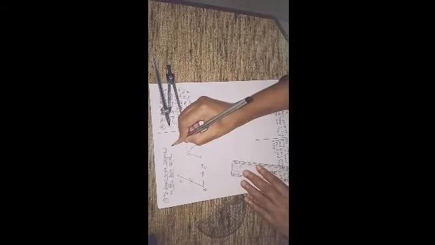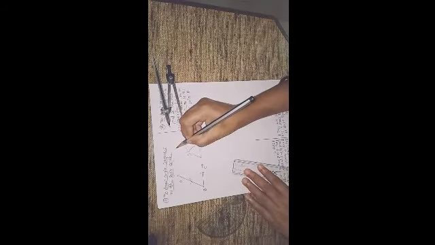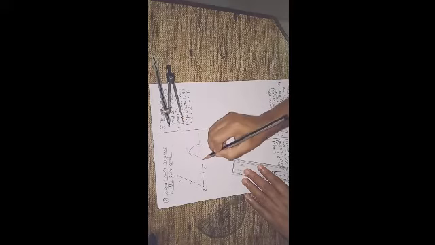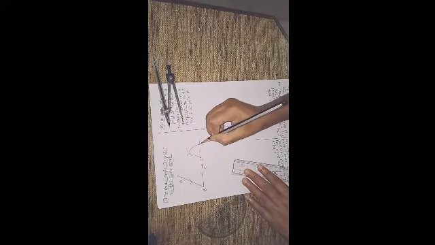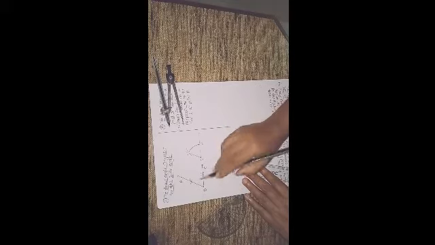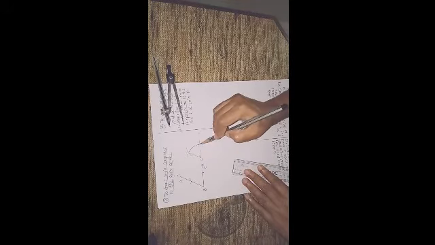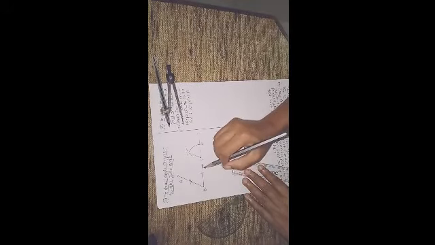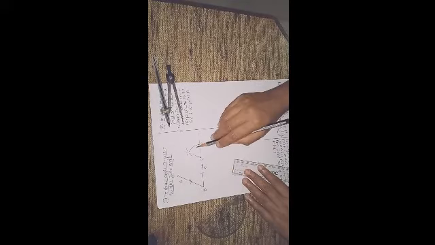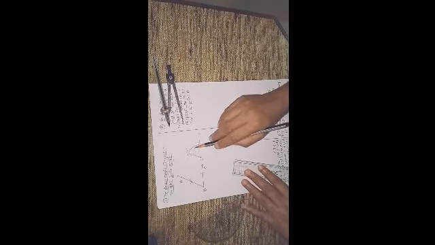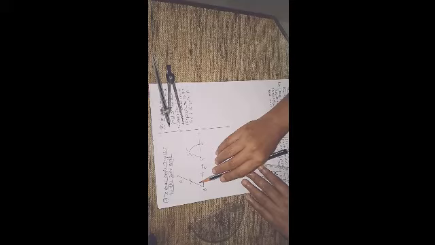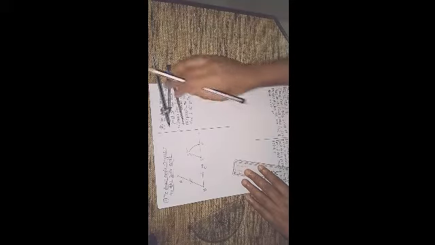This way. And here give the name angle PQR. So angle PQR is congruent to angle ABC. So this way we constructed the angle which is congruent to the given angle. Followed?